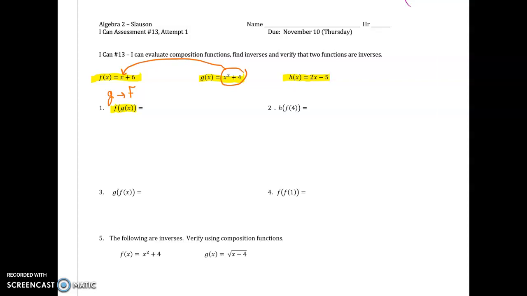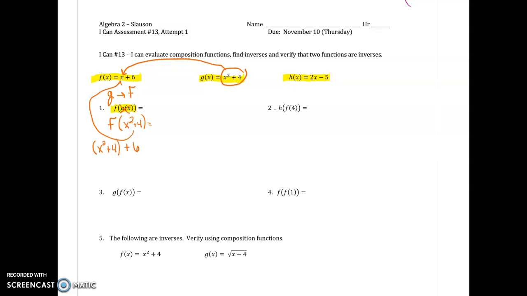So the first way I could get this started is just by replacing this g of x with what g of x is worth. And then this is saying the same thing that I just already said, that in f's function, I need to put x squared plus 4 where the x is going to be replaced. There is still the plus 6.